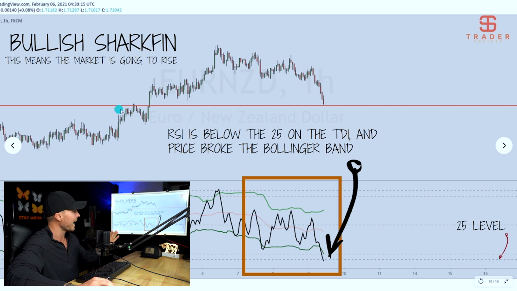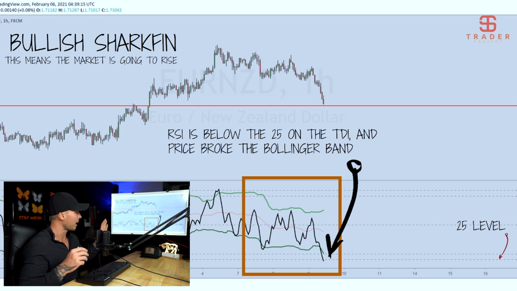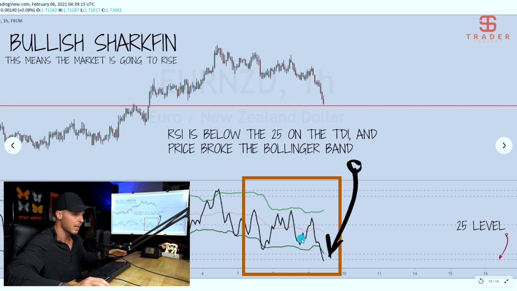As you can see, we have resistance now turning support with a shark fin below the 25 level. This is a trade that I would take, especially since I'm sure that this had a Fibonacci level or something else with it that would make it a better trade than just resistance turned support and the shark fin. Now, remember, the RSI has to be below the 25 for me to take that trade.